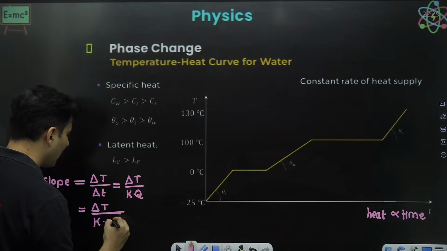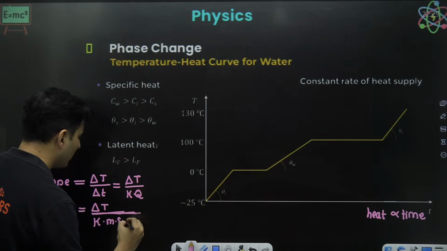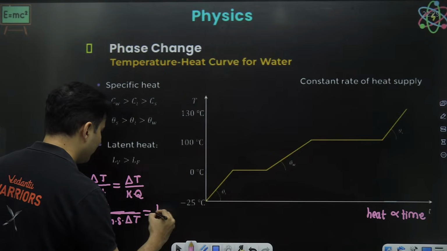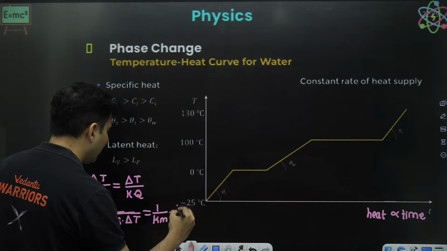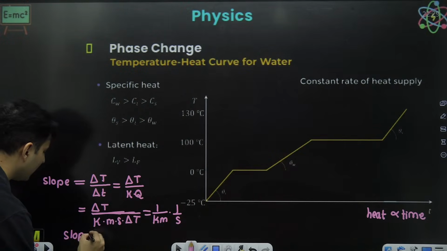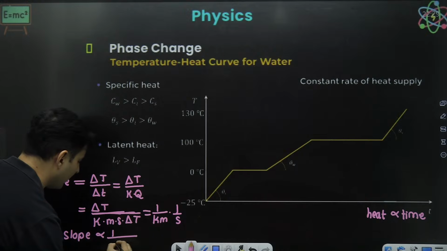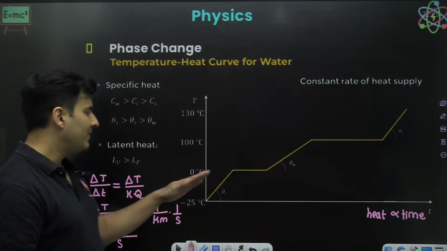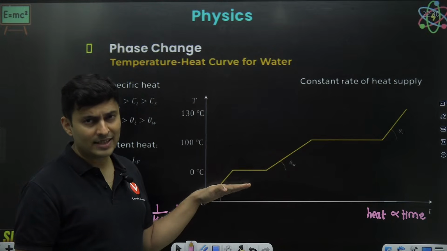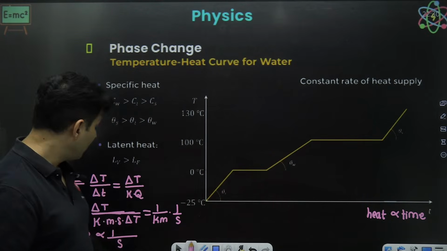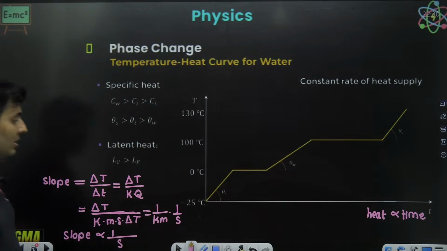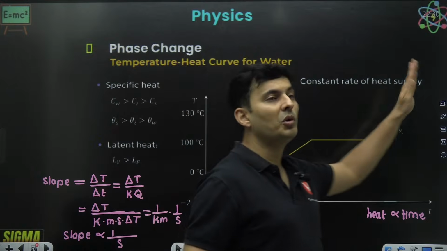Heat is nothing but M into S into delta T. Delta T cancels, so I am left with 1 by Km and 1 by S. So basically the slope is inversely proportional to S. If the specific heat capacity is more, the slope is less. If specific heat capacity is less, the steepness is higher. As you can see, it is there in the denominator, so that's how the slope will change.